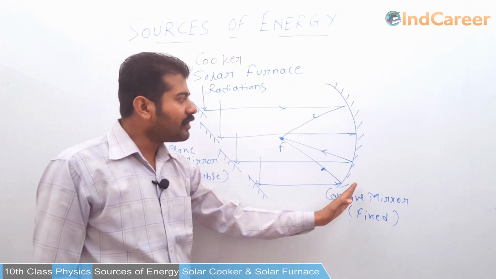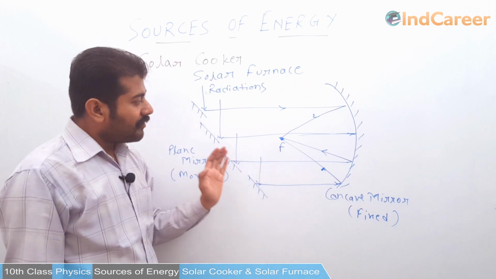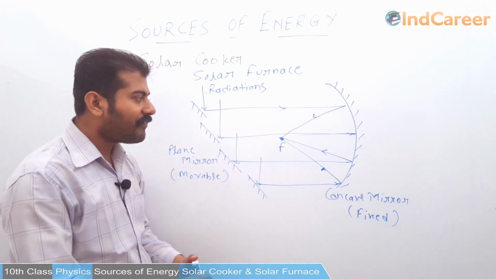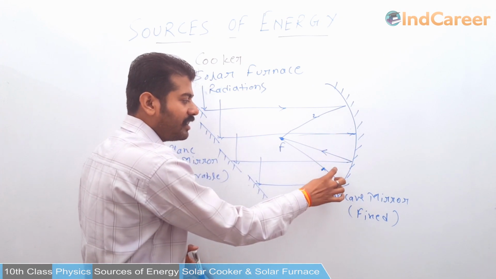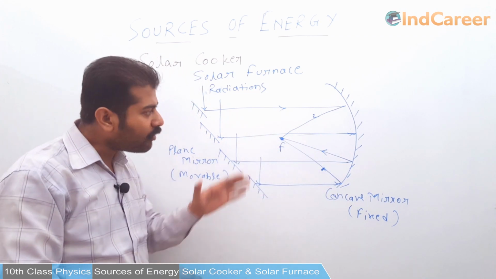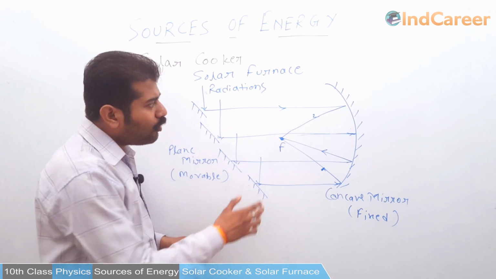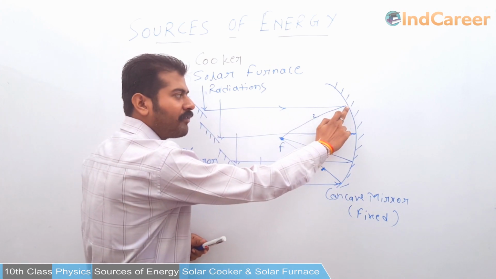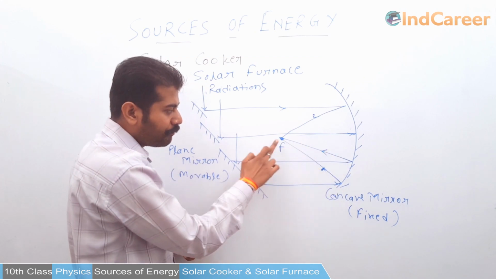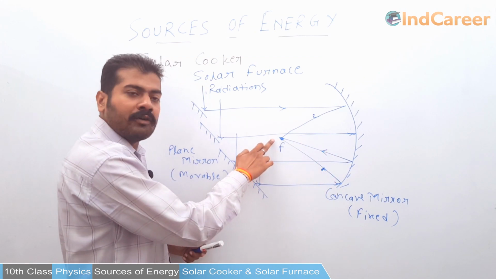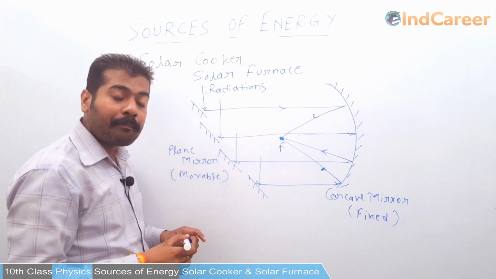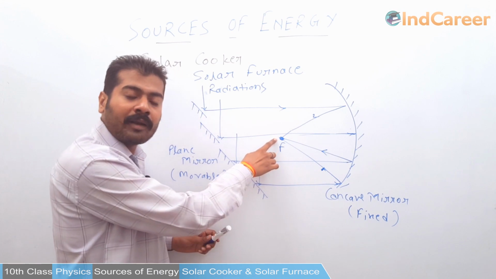The shape of the concave mirror is such that whenever light falls on the concave mirror, it reflects all the light to a particular point, and that point is called the focus point of that concave mirror. So all the parallel beams of radiation will be focused at a particular point, giving rise to the temperature at this point.